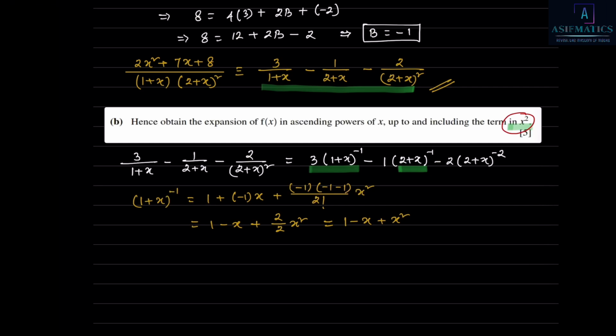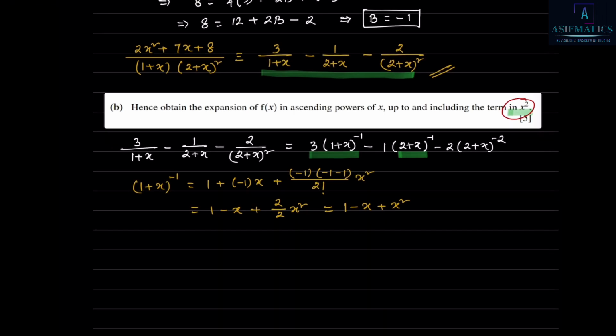So here we can write this one, 2 plus x to the power negative 1. And then we need to modify this part. So we can write 2 into 1 plus x by 2 and whole to the power negative 1.